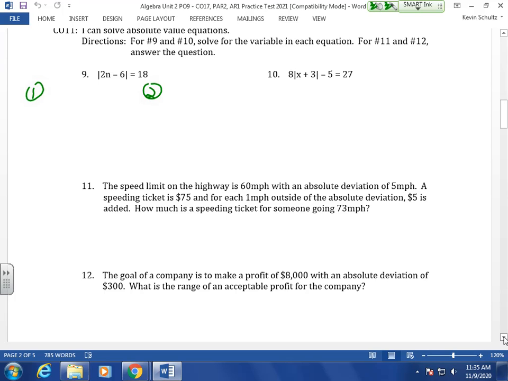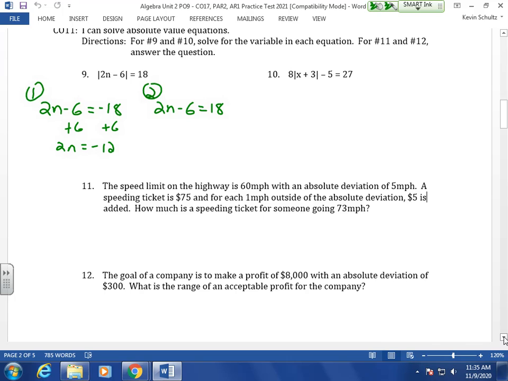Not more than 18, not less than 18. It's not an inequality. It is 18 from 0, which means that 2n minus 6 has to equal negative 18, or 2n minus 6 has to equal positive 18. The two numbers that are exactly 18 away from 0. So from here, you'd add 6 to both sides.